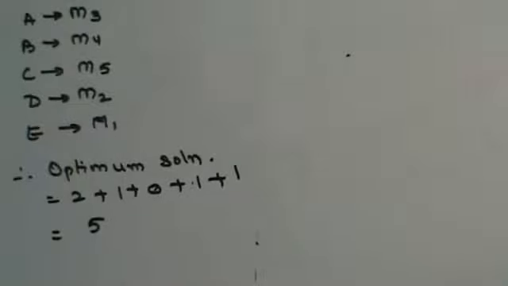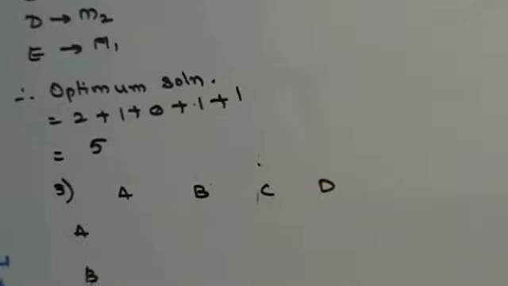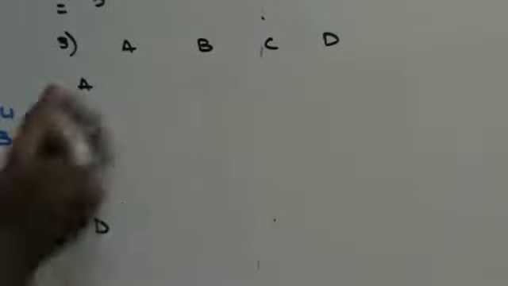Next, let's see another sum, guys. Suppose I have A, B, C, D, A, B, C, D. A traveling salesman has to visit 4 cities A, B, C, D. The distance is given to you.